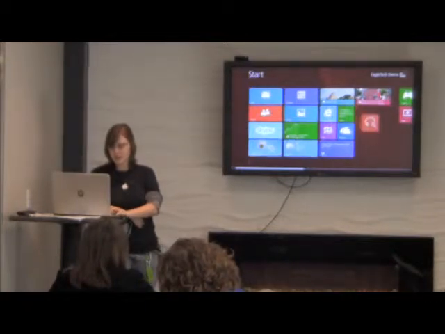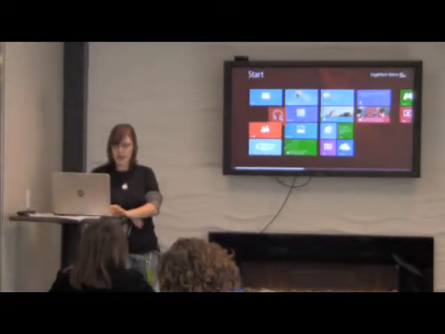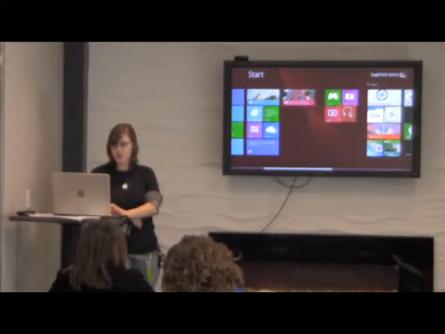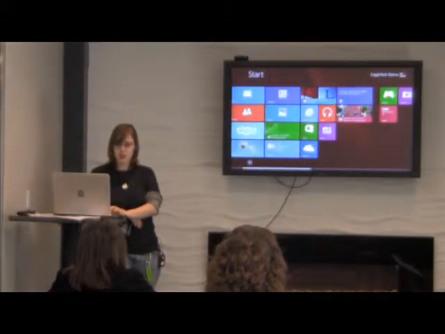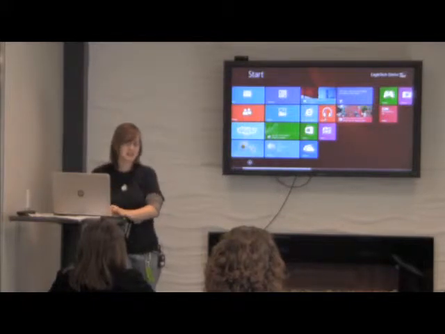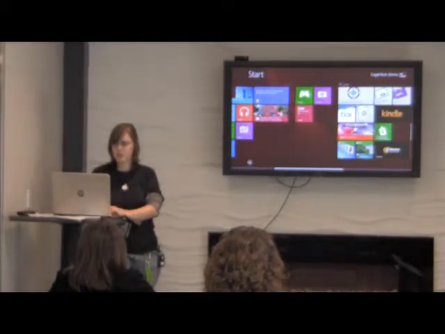Now, one of the nice things that they did with Windows 8 is provide you with the traditional desktop. It is considered an actual application, much like the other apps that we saw on this screen here. So it's technically a program and not the actual desktop.